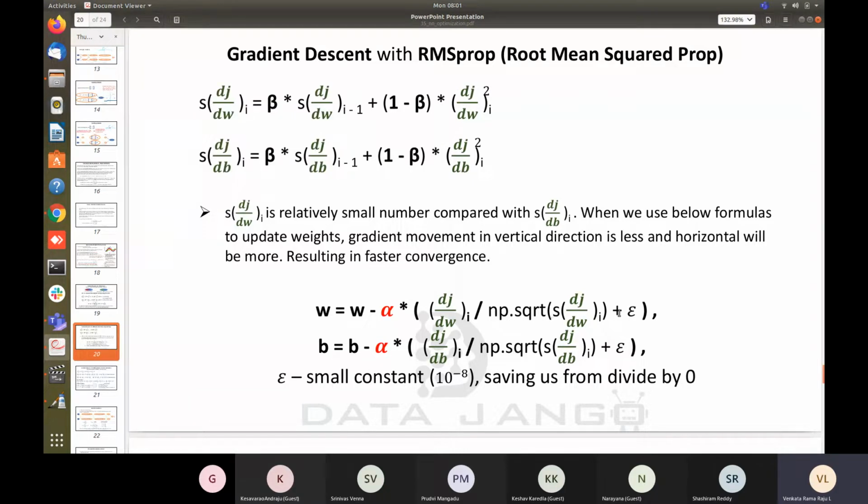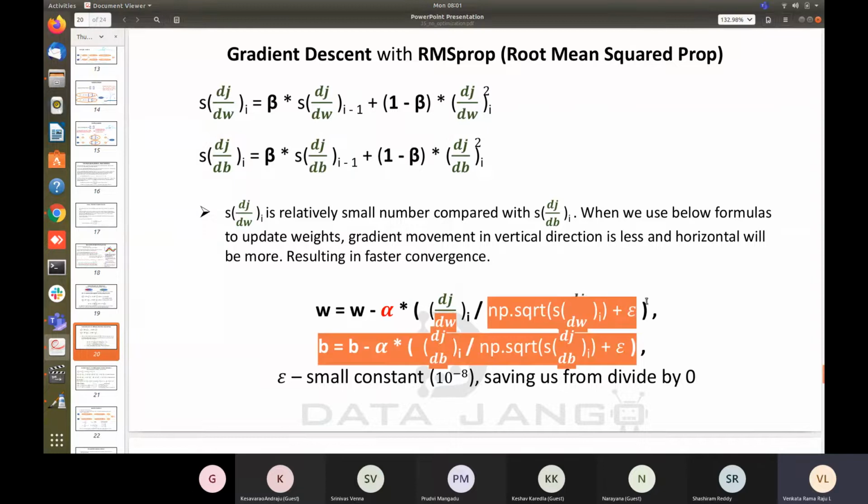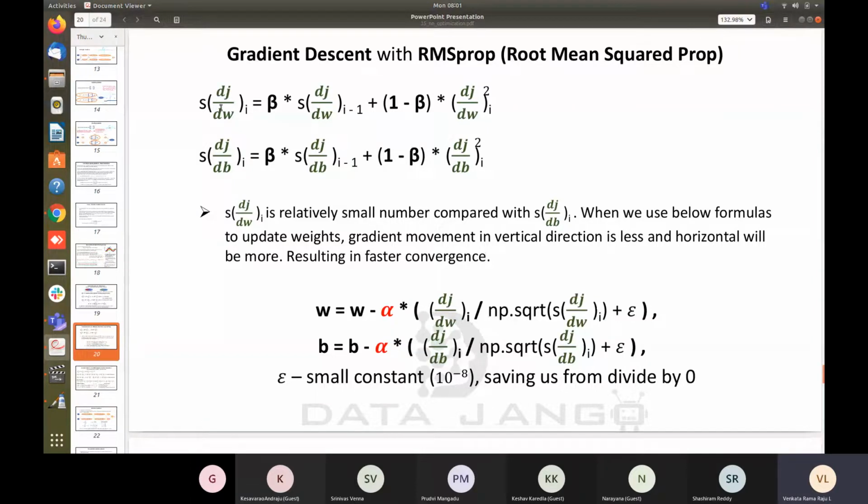We are adding epsilon because this is in the denominator. Sometimes we may get this value 0, so to avoid division by 0, we add this epsilon. Epsilon is generally 10 to the power minus 8 or something. In the API, you will have this mention of epsilon and all these terms.